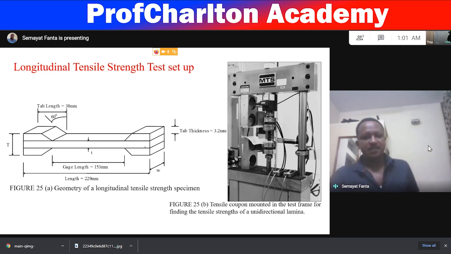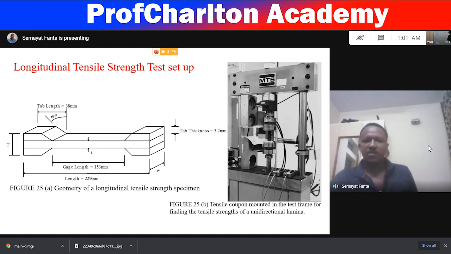This is a standard specimen geometry, and the longitudinal tensile strength specimen is placed. The thickness of the specimen is given here. The gauge length is about 153 millimeters.